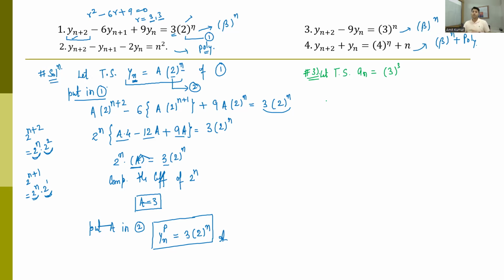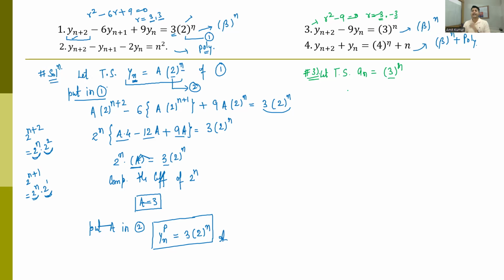Now we are supposed to make it independent from your homogeneous solution. So what will be the roots of the homogeneous equation here? It comes out r square minus 9 equals 0. So r comes out as 3 and minus 3. So your beta is present in your homogeneous solution too. Your beta is the root of the characteristic equation too.